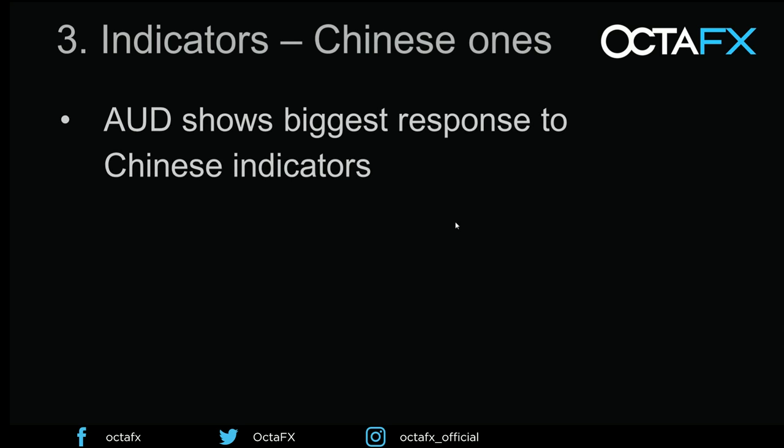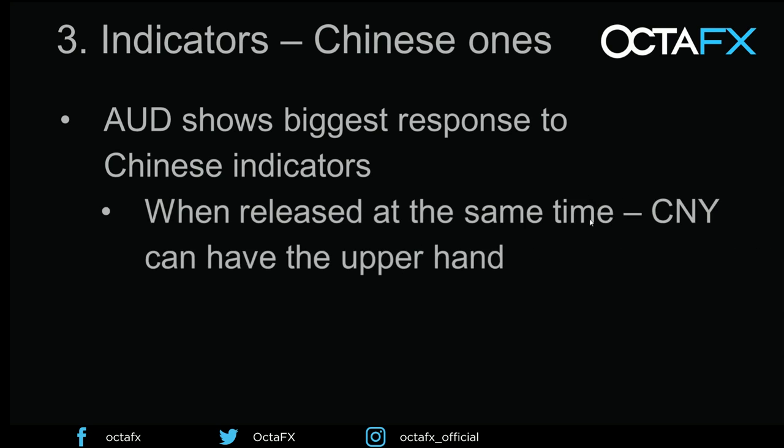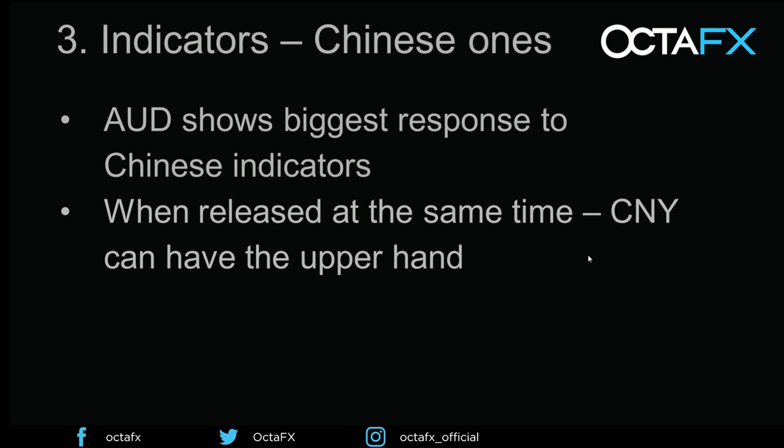So in general, when we have Chinese indicators, the Australian dollar has the biggest response, more than the US dollar, Canadian dollar, the euro, the pound, any other currency. When they're released at the same time, Australian and Chinese figures, the Chinese ones tend to have the upper hand. Again, correlations can change, reactions can change, but this one is quite consistent.